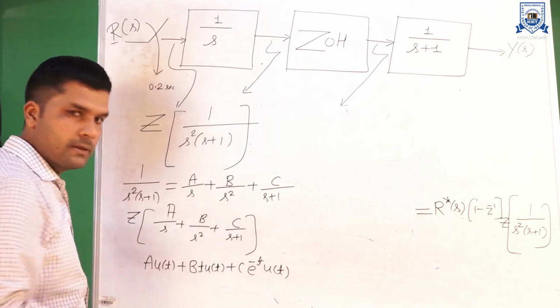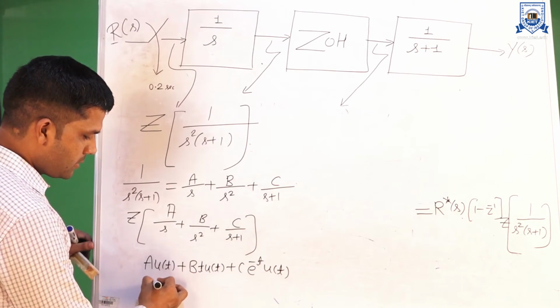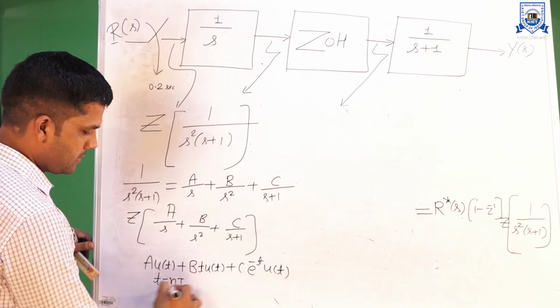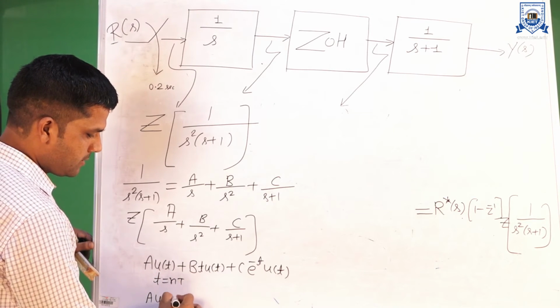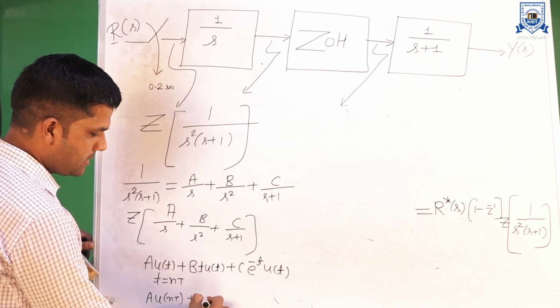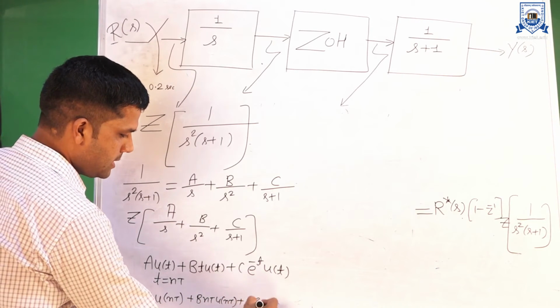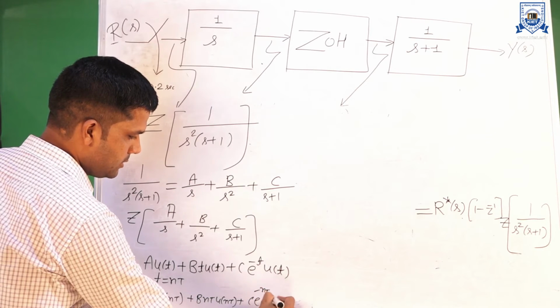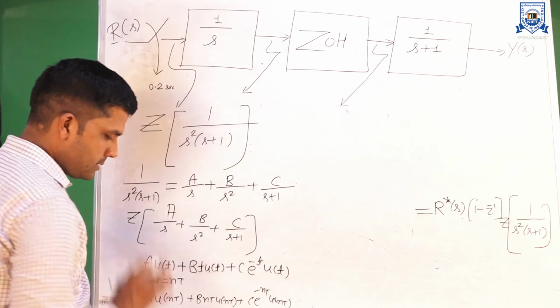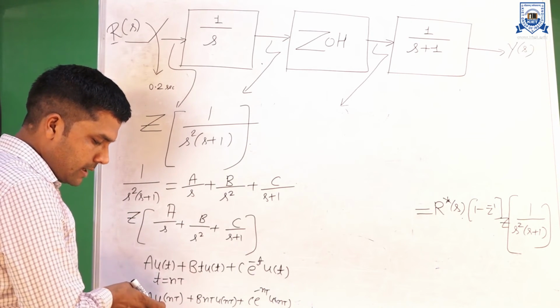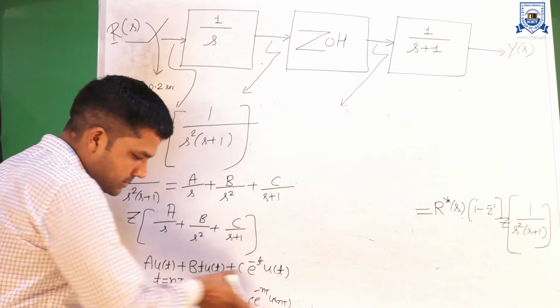So this is the first step. The second step is put t equal to nT: a u(nT) plus b nT u(nT) plus c e to the power minus nT u(nT). Now, can we calculate the Z transform of this sequence? Yes.